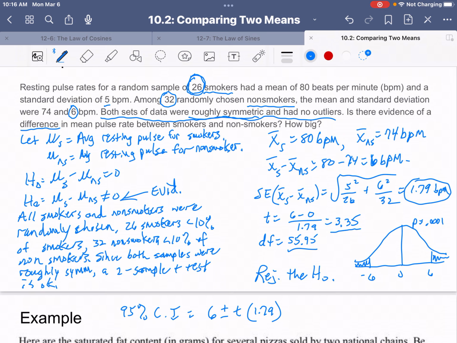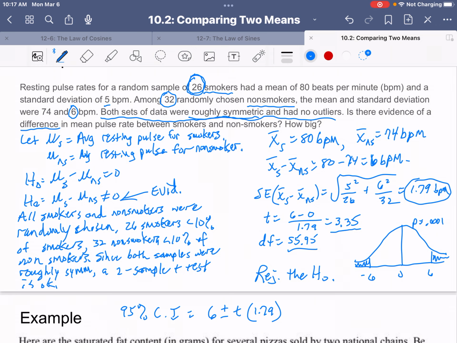So let's see what the confidence interval is. 80 is x1 bar. This is a pain. 5 is the standard deviation, sample size 26. x2 bar was 74 with a standard deviation of 6 and a sample size of 32.